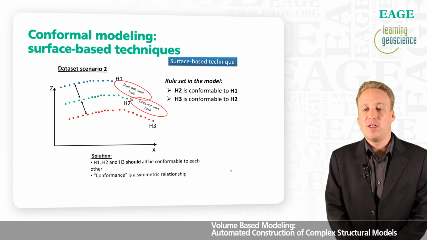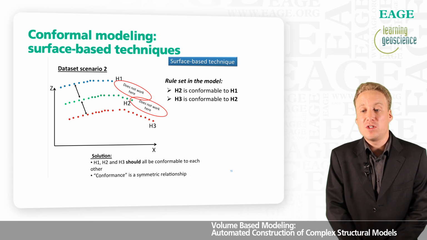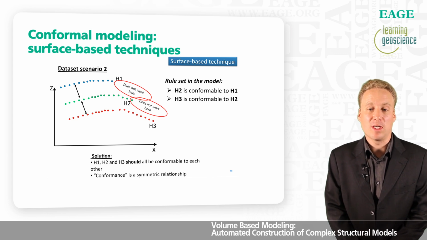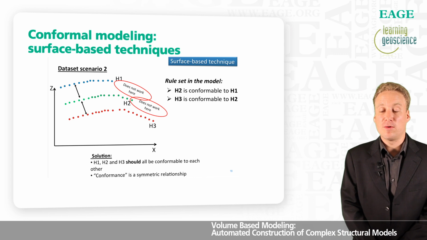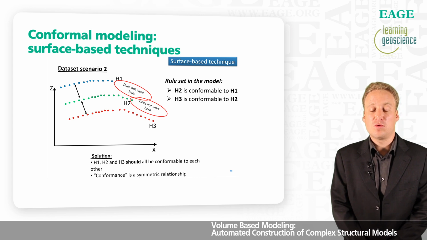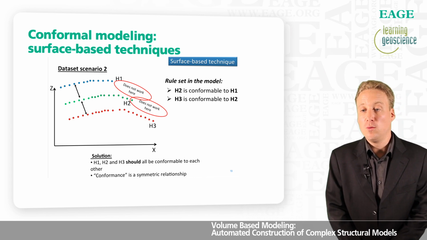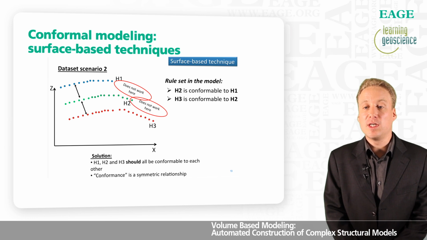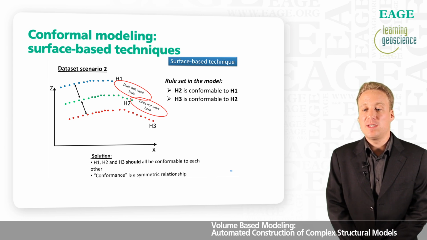The reason for this failure is that the conformance relationship should be symmetric. If H2 is conformable to H1, then H1 should be conformable to H2, which is not something that we can do with surface-based techniques.